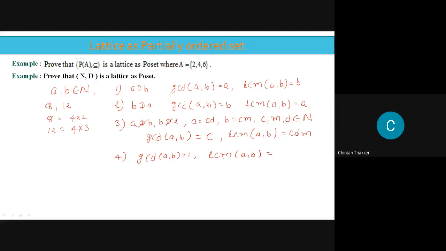These have GCD 1, and LCM is the multiplication of the two numbers. So in all these four possibilities, the GCD and LCM both belong to N. Therefore, for any two integers, the GCD and LCM always belong to N. So N comma D is a lattice as a poset.